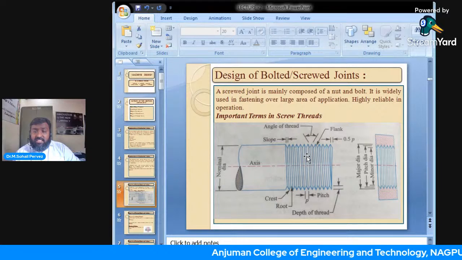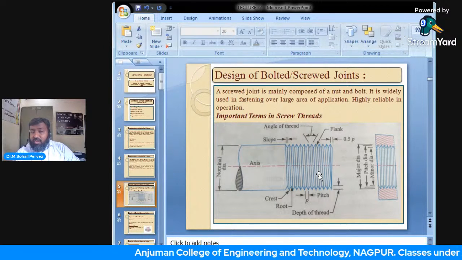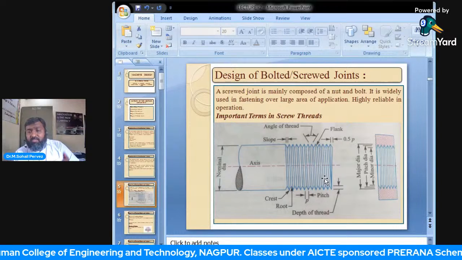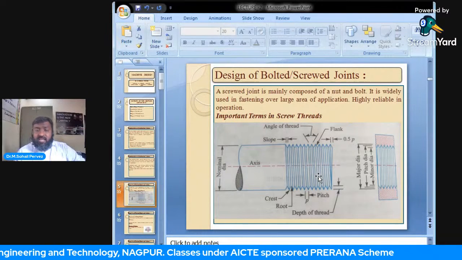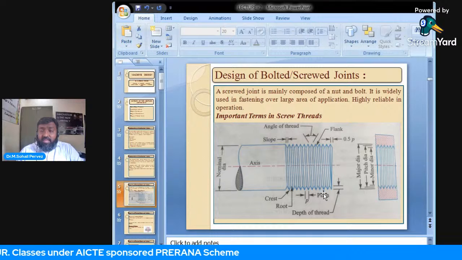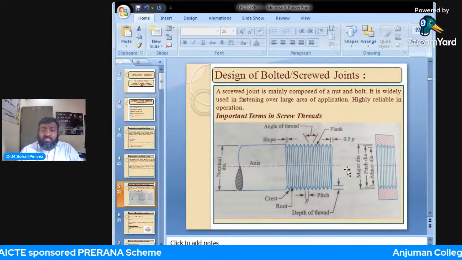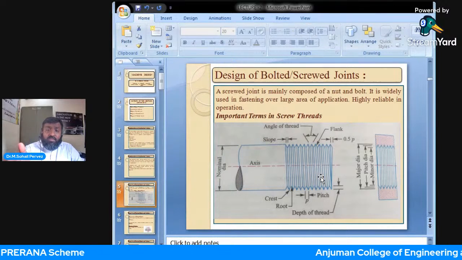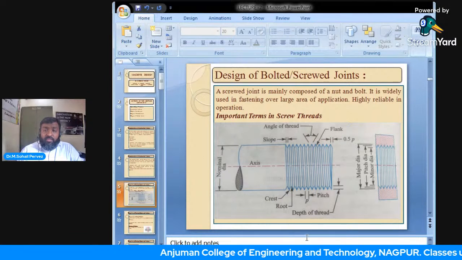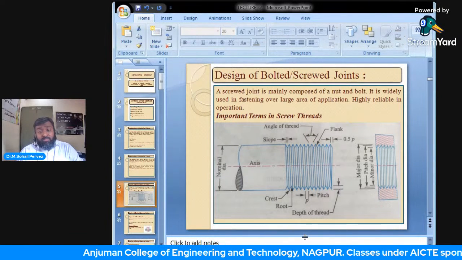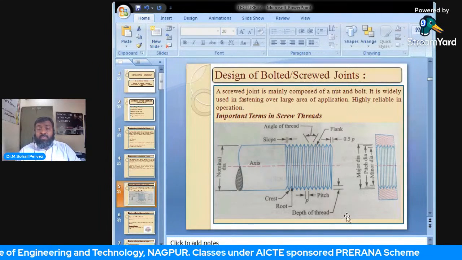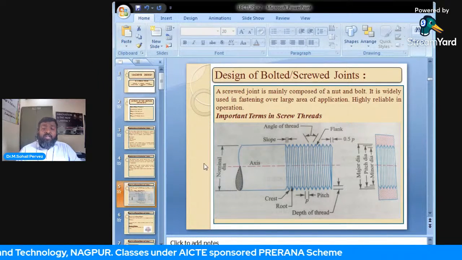So obviously the strength of these two portions will not be the same. And naturally the portion on the right hand side of the screen is having less material as compared to this, and hence it is more vulnerable to the stresses or to failure. So we have to defend it, we have to save this threaded portion.